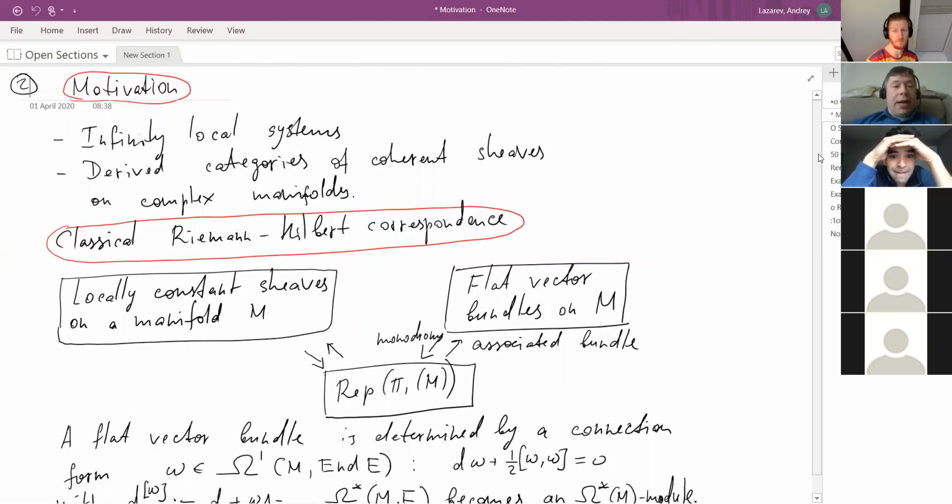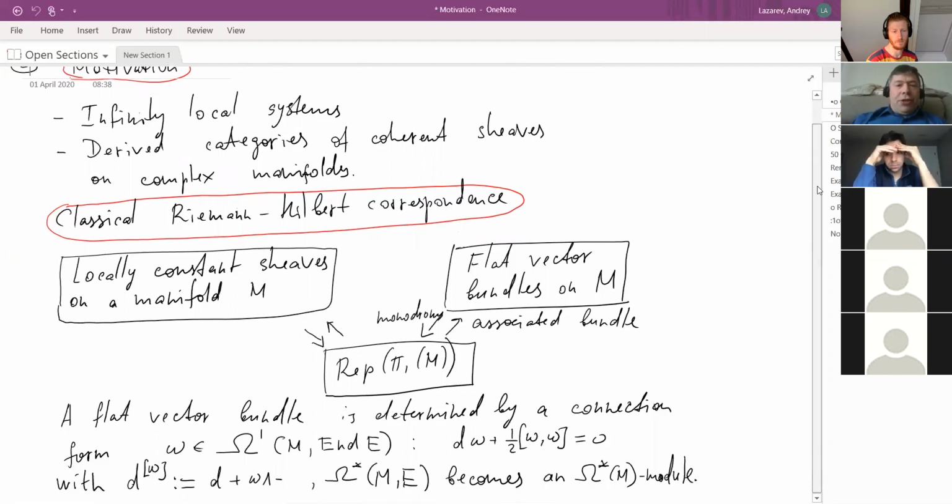I'll spend a couple of minutes talking about infinity local systems, and then maybe a few seconds about derived categories of coherent sheaves. Let me just remind you of the very classical, simplest version of the Riemann-Hilbert correspondence. It's been around for many decades, and perhaps when it was first formulated, it wasn't even called Riemann-Hilbert correspondence.